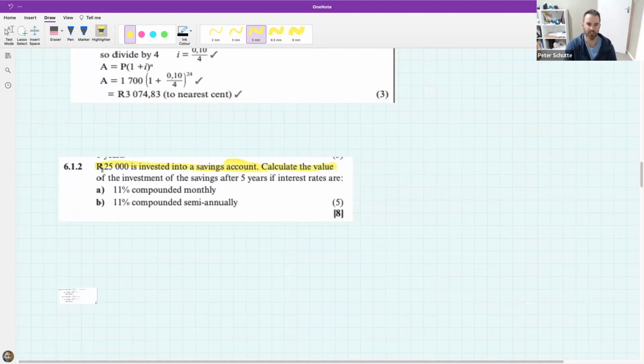Calculate the value of the investment after 5 years if the interest rates are that or that. We'll go with A and B.